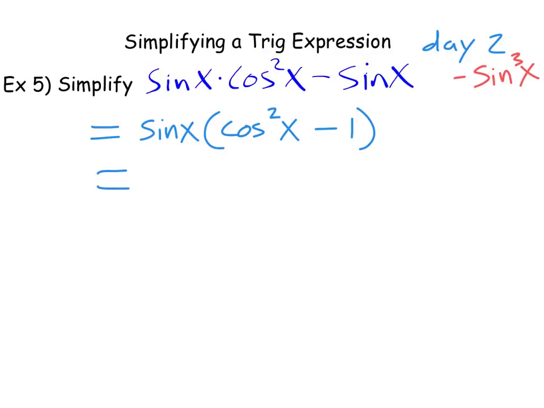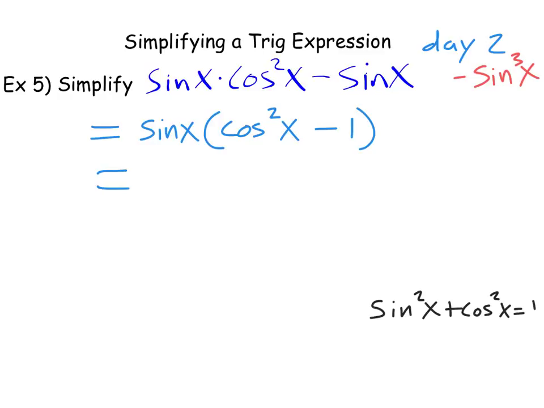Sine of x. Now, I'm thinking of my identities. And cosine squared reminds me of our Pythagorean identity that says sine squared plus cosine squared equals 1.